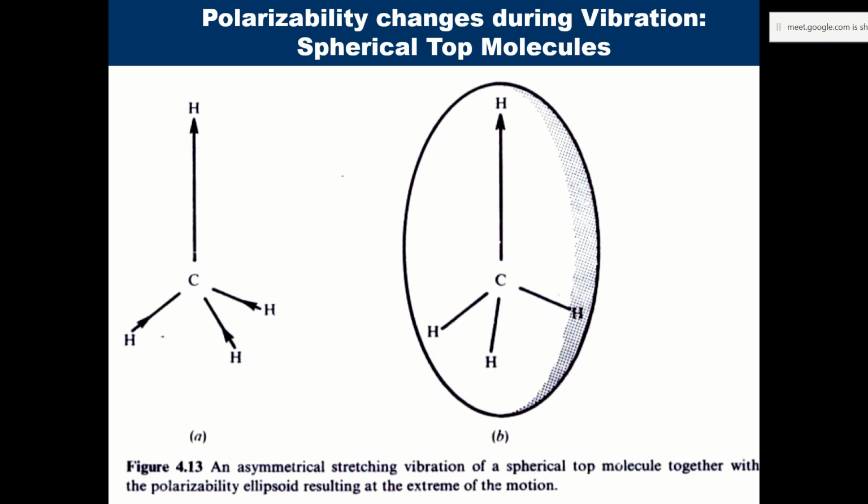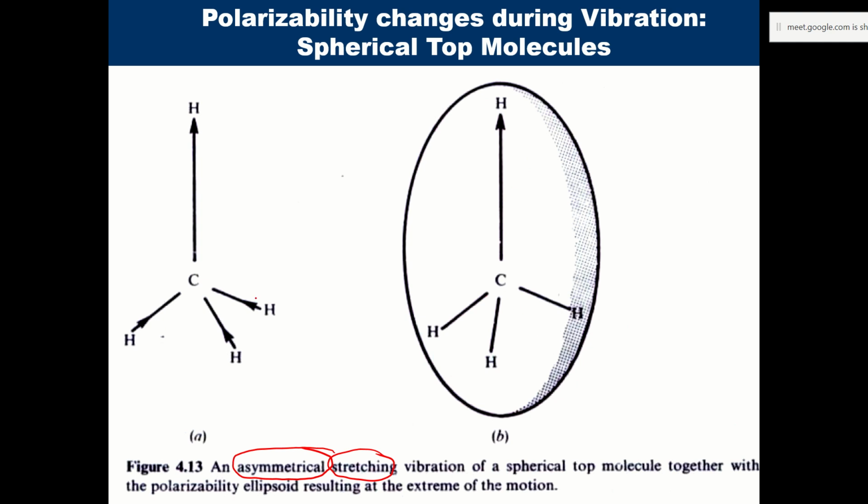Now let's consider the other vibration in the CH4 molecule, the asymmetric stretching vibration. For asymmetric stretching, the polarizability ellipsoid will be drawn like this. You can clearly see that in this direction one of the bonds, a CH bond, is stretched and elongated, while the other three are compressing.